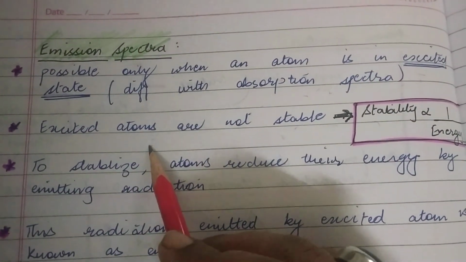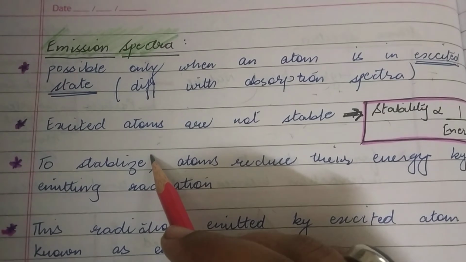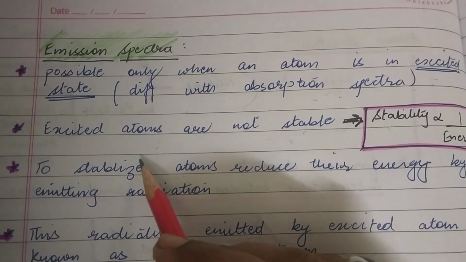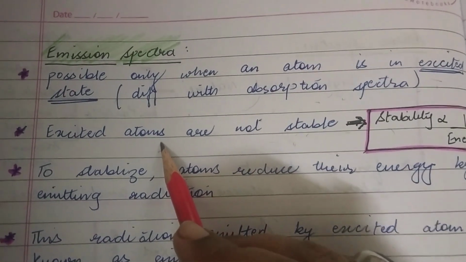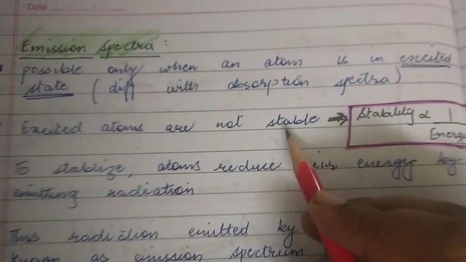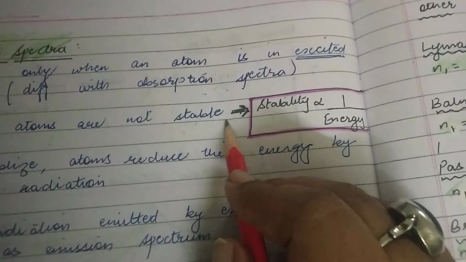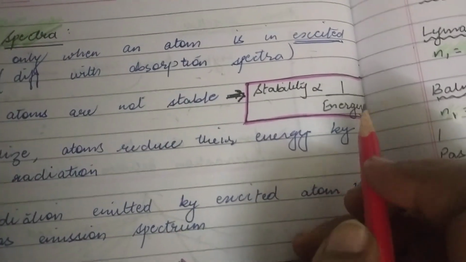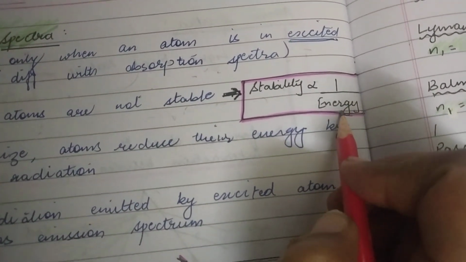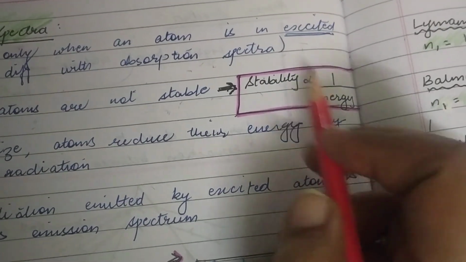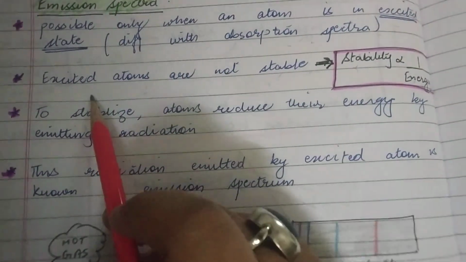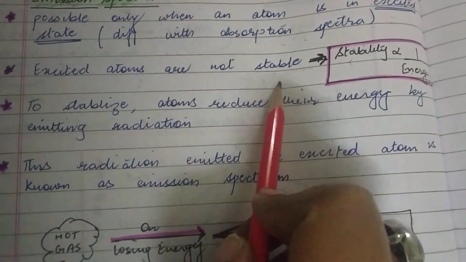Excited atoms, as I have been telling you, the relationship between energy and stability. Excited atoms possess extra energy, and because they possess extra energy, they are not stable. Why are they not stable? Because stability is inversely proportional to energy. The higher the energy, the lower the stability. So if the energy is high, stability would be low, and excited atoms have high energy, hence they are not stable.